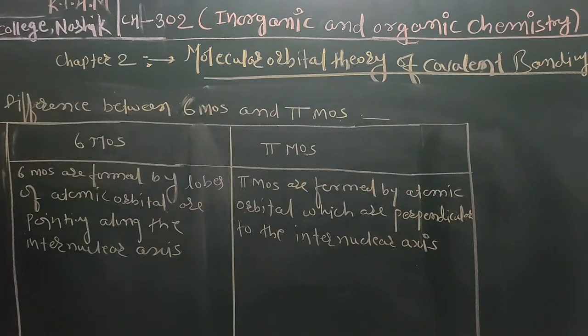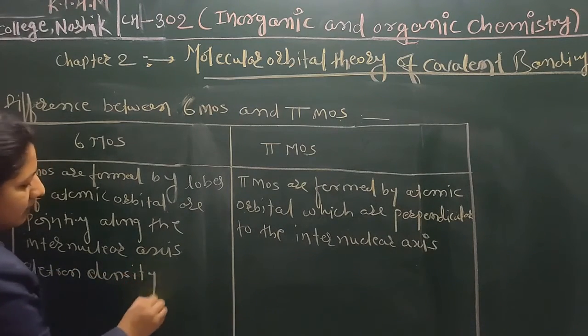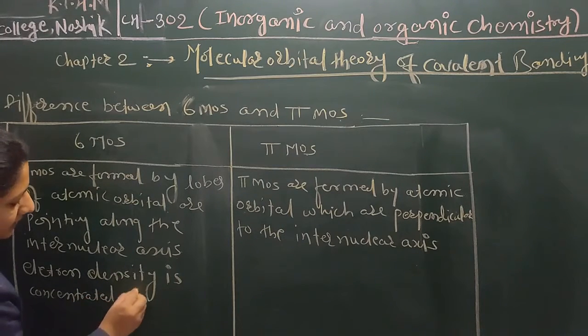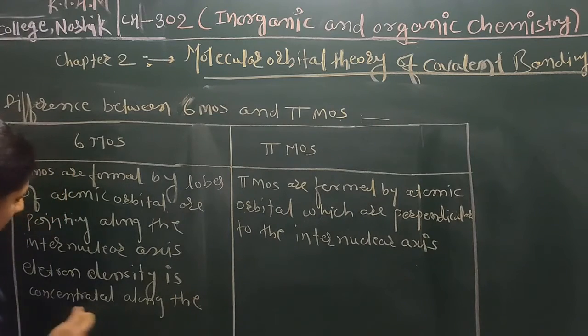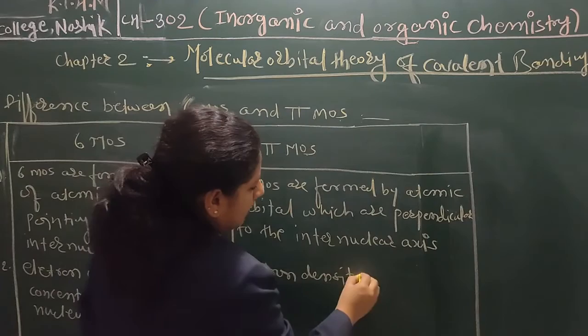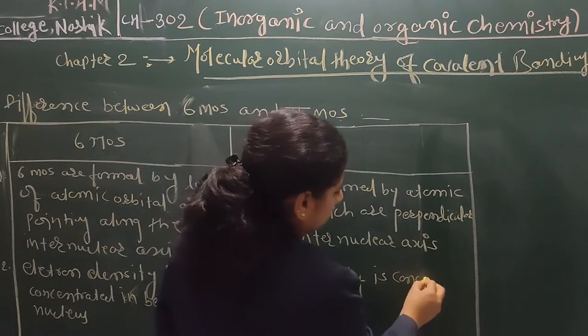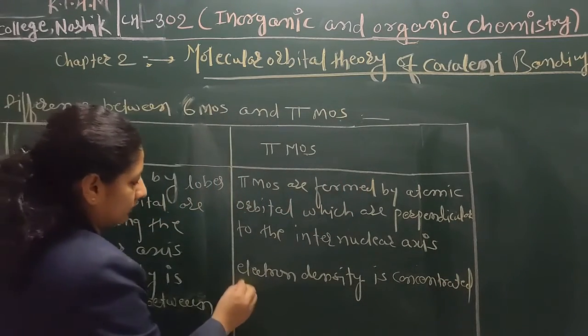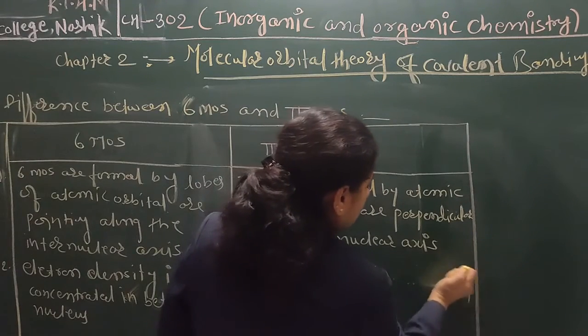Then next one, in sigma MOs the electron density is concentrated along the nucleus, whereas in pi MOs the electron density is zero along the axis.